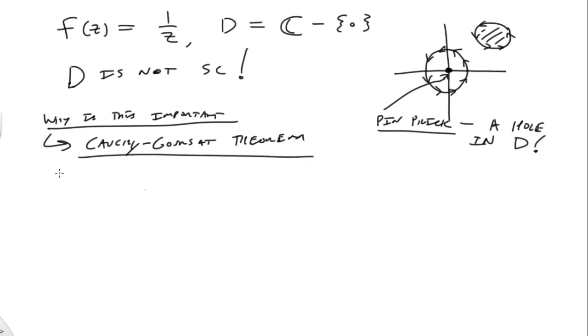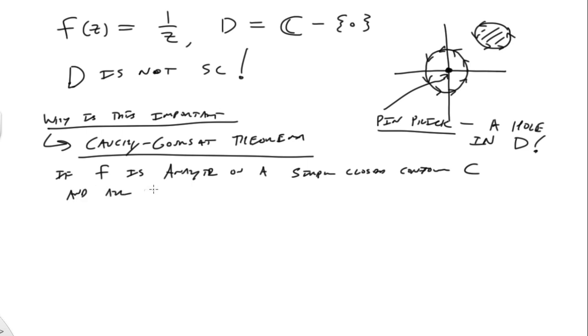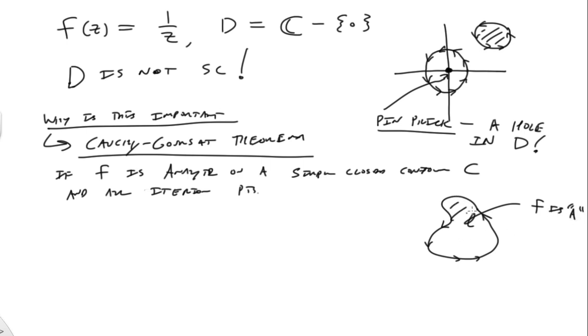The Cauchy-Goursat theorem says if f is analytic on a simple closed contour C and all interior points, so the idea is here I have some simple closed contour, and I've drawn it like that, and of course f is analytic, I put that in quotes, throughout all of this and on the contour itself, then we know that the contour integral is equal to 0.